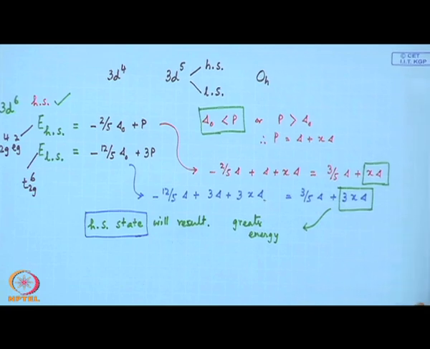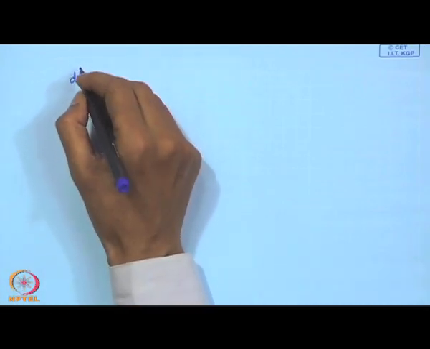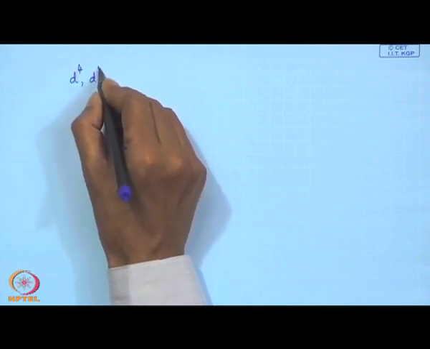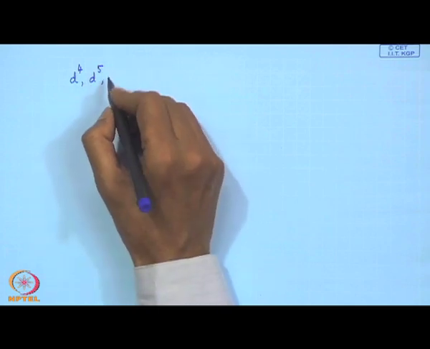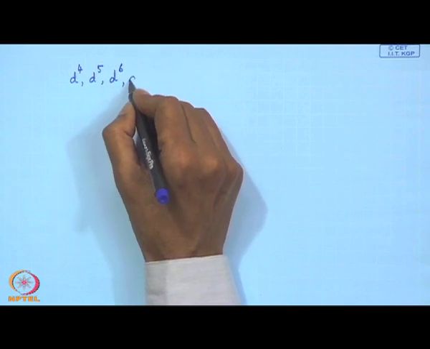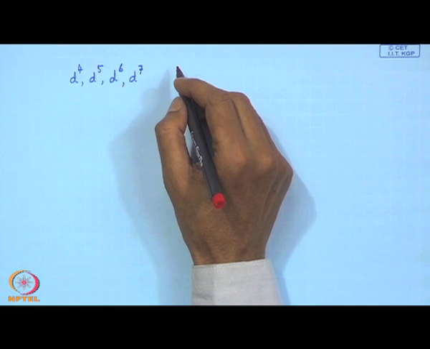Now we will see that for situations like the corresponding configurations, it can be for 4d and 5d as well. For d4, d5, d6 and d7, there is always a balance between the corresponding crystal field energy and the pairing energy.